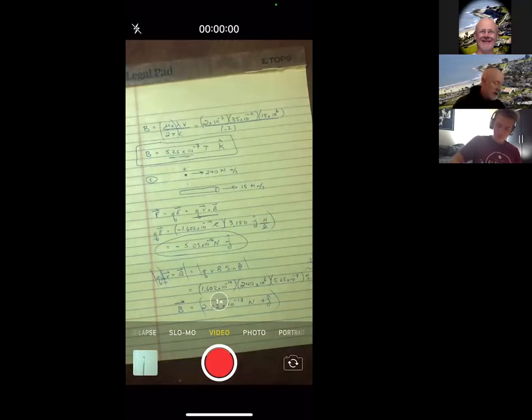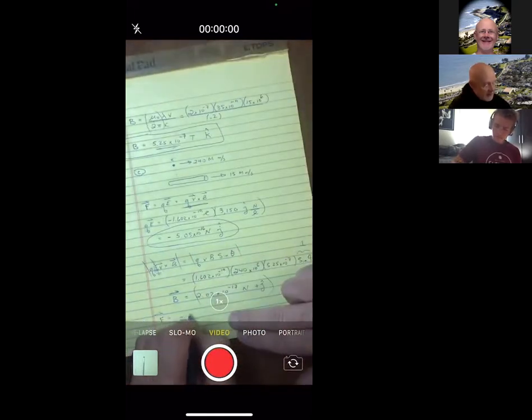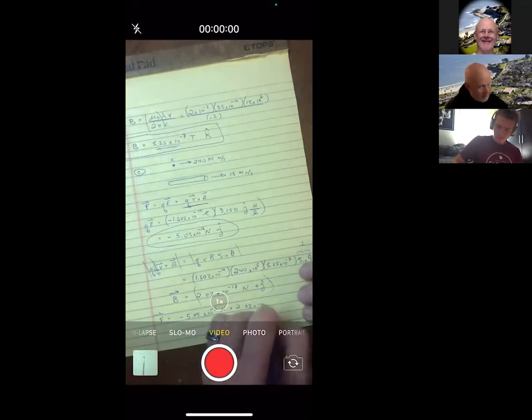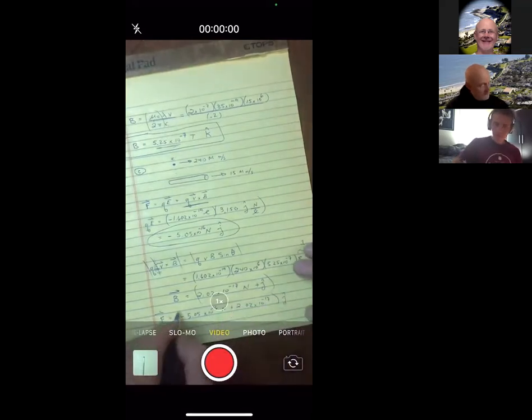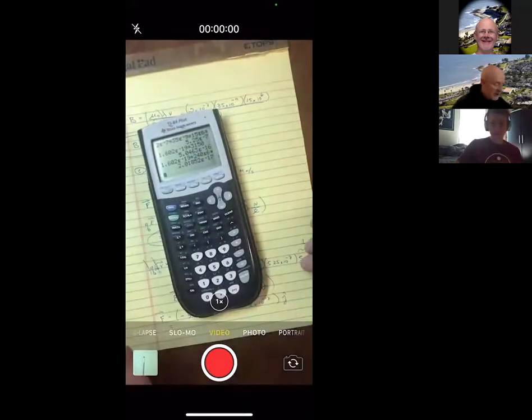So if I put these two together now, I would say then that the total force is a negative 5.05 times 10 to the minus 16 newtons in the j direction, and an upward 2.02 times 10 to the negative 17 j-hat. So I've got to add those two vectors together.